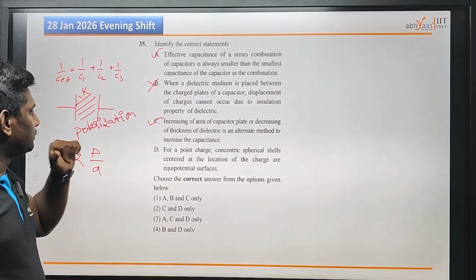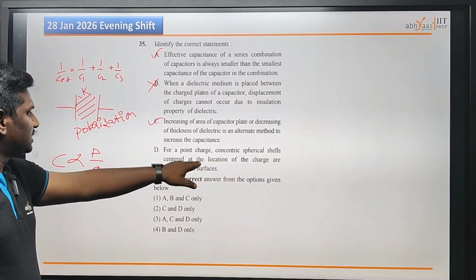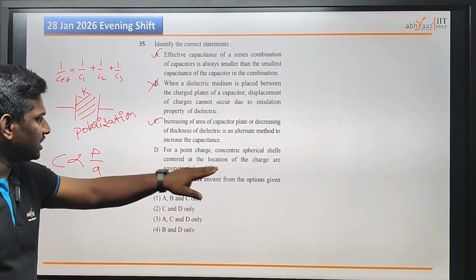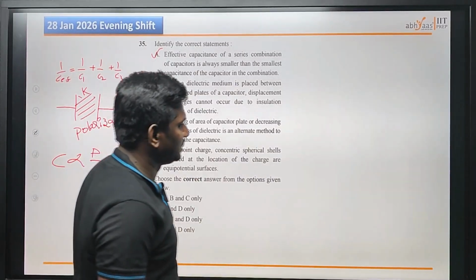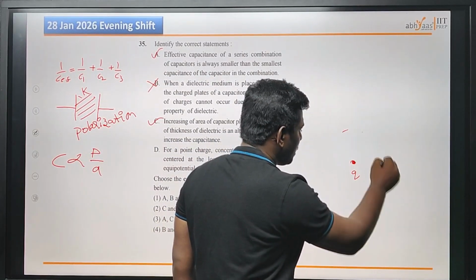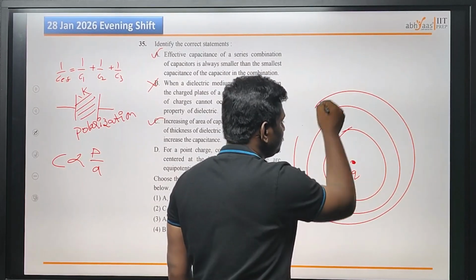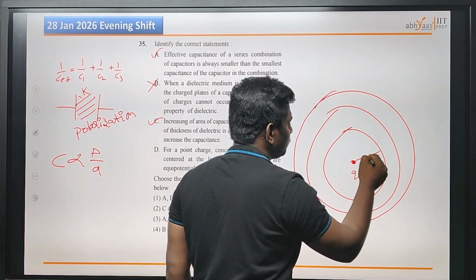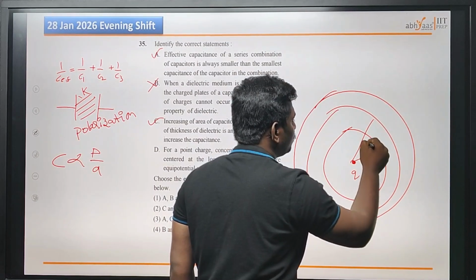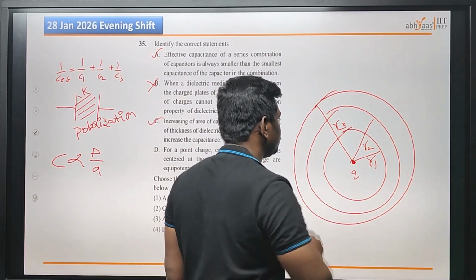Next, option D. For a point charge, concentric spherical shells centered at the location of the charge are equipotential surfaces. So assume this is our point charge Q. If you have concentric circles, take these distances R1, R2 and R3.